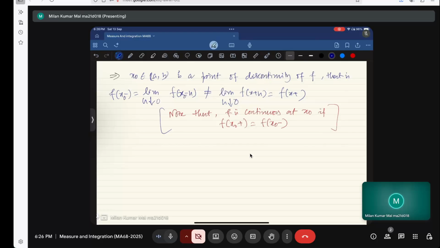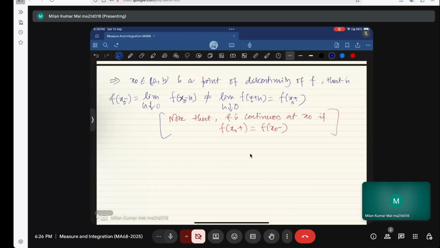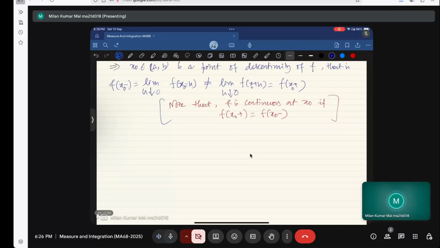So here, as the function is not continuous, that means we have this particular thing.